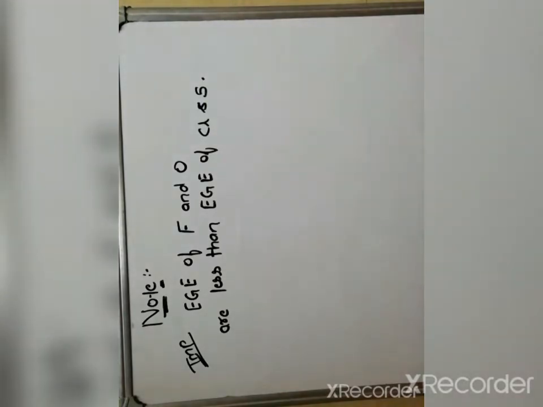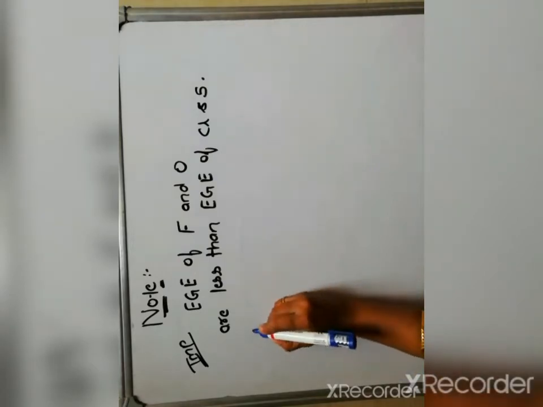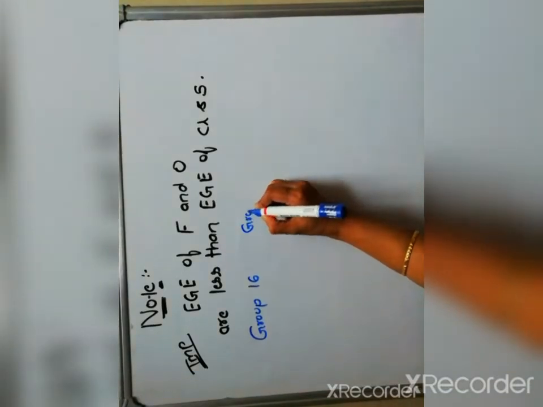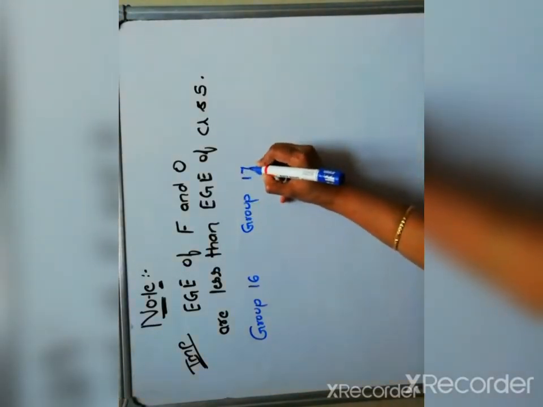They ask us to give the reason. So what is the reason for this? I am going to write, so that is group 16 elements and group 17 elements.